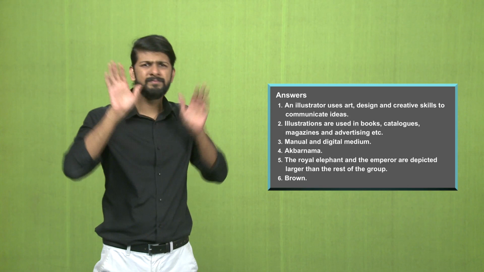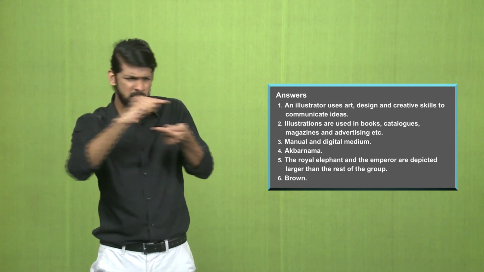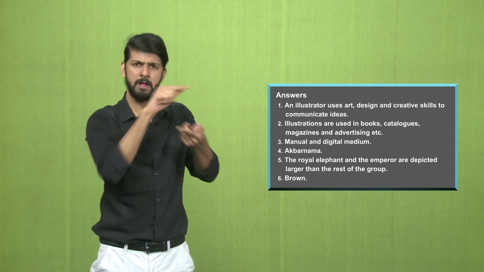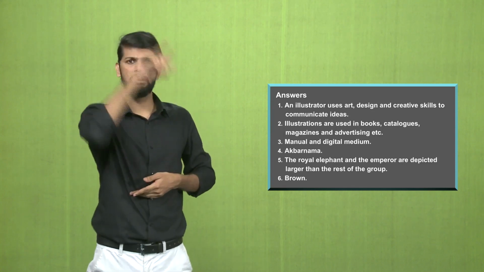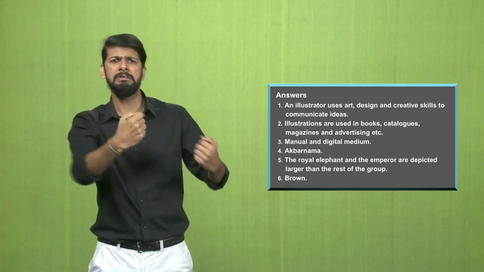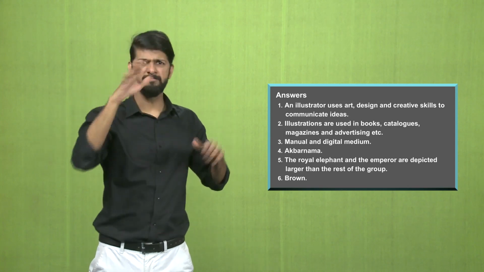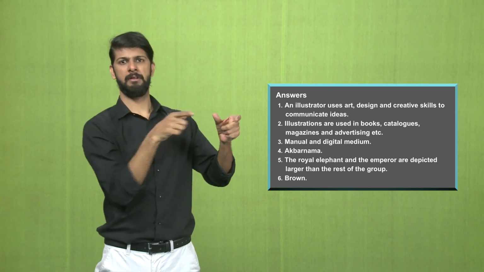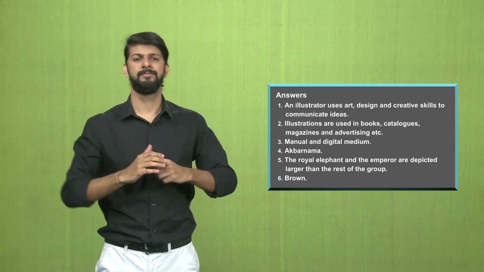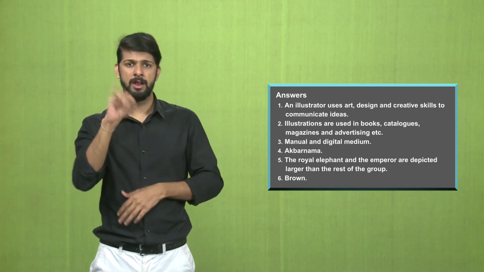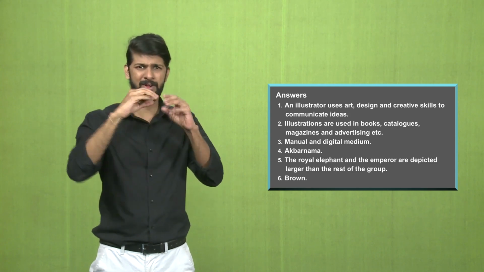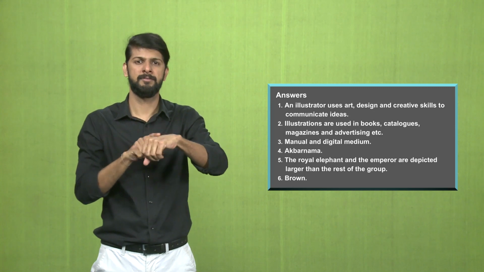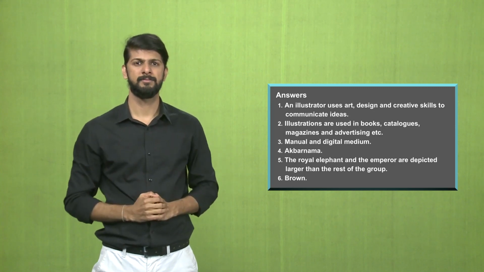Answer number 5. In this painting, you would see that the rest of the group is smaller as compared to the royal elephant and the emperor, who are depicted larger. Answer number 6. The turban on the emperor's head is brown in color.